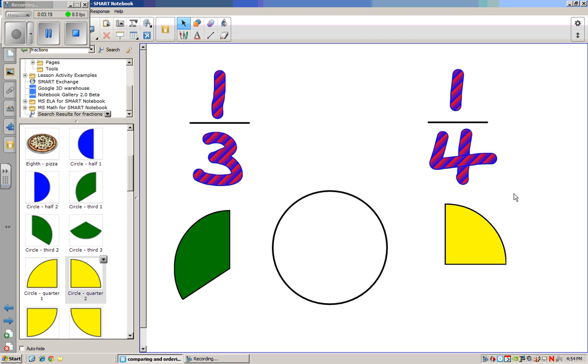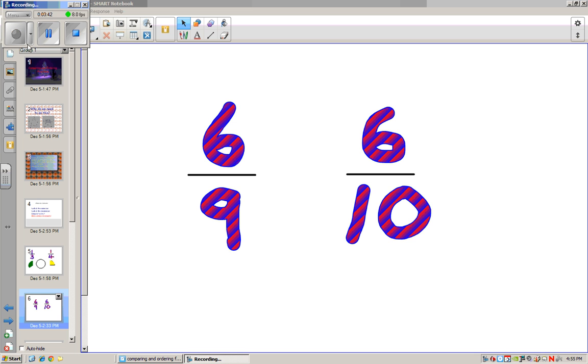Just like if you have 1/8 versus 1/3, 8 pieces are going to be a lot smaller than those three. So in this case, when we look at the numerator and they're the same, we bump down to the denominator and we can decide, okay, it's into 3 pieces. Well, 1/3 is going to be a lot bigger than 1/4. So that was our first way of comparing.